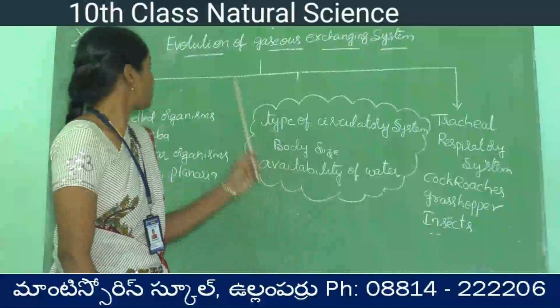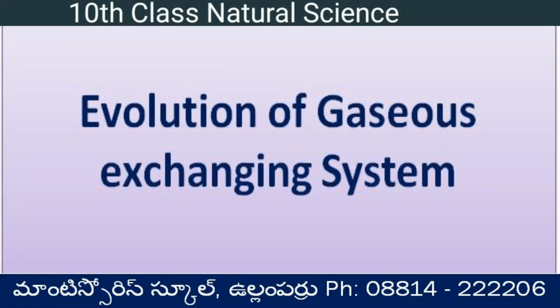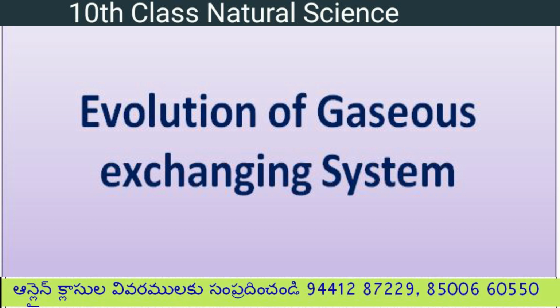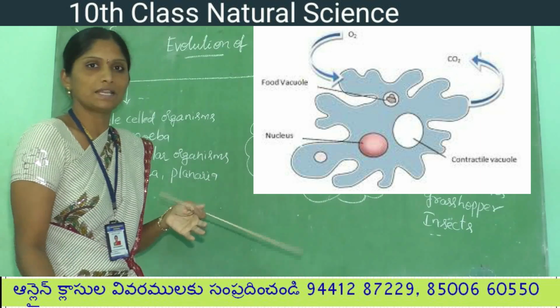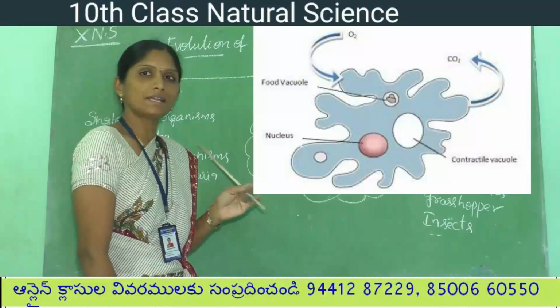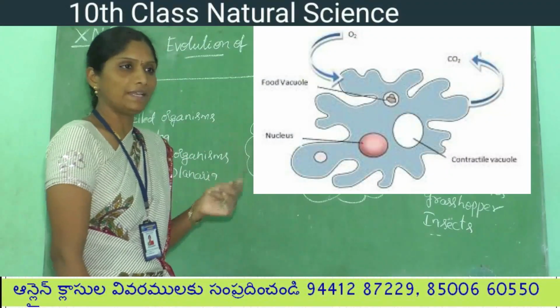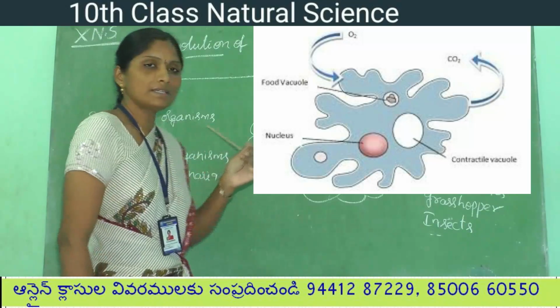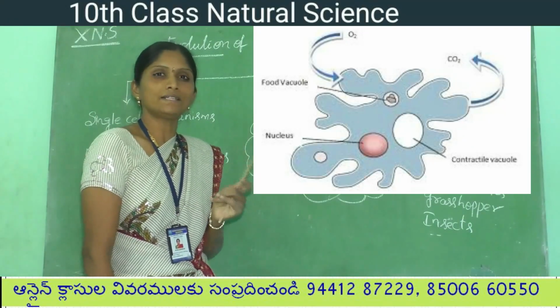Now the next topic is evolution of gaseous exchange systems. In unicellular organisms like amoeba and simple multicellular organisms like Hydra and planaria, there are no special respiratory organs in their body.